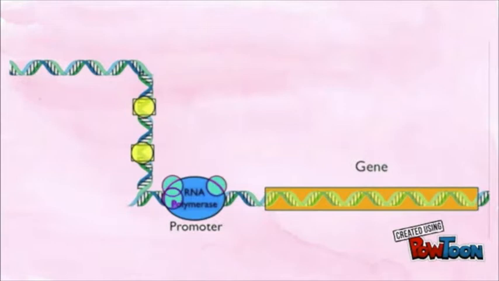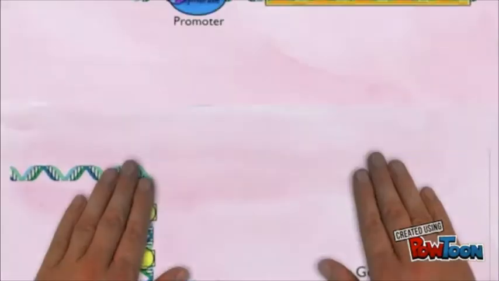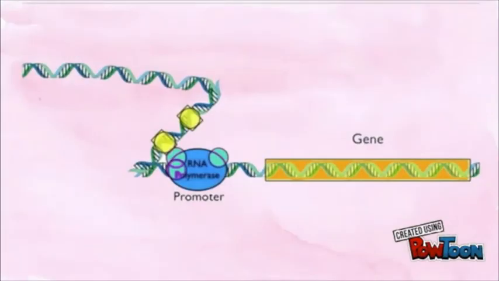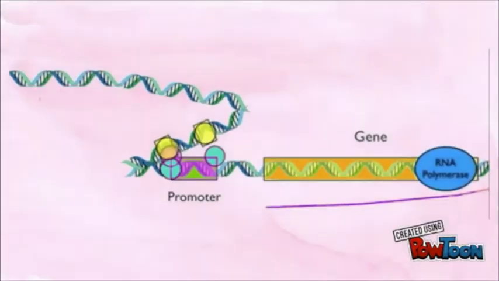We still don't have transcription. And for it to actually happen, the DNA folds back and activates that RNA polymerase. And so now it can actually make the protein or RNA that eventually will make the protein. This is how gene regulation occurs in eukaryotes.